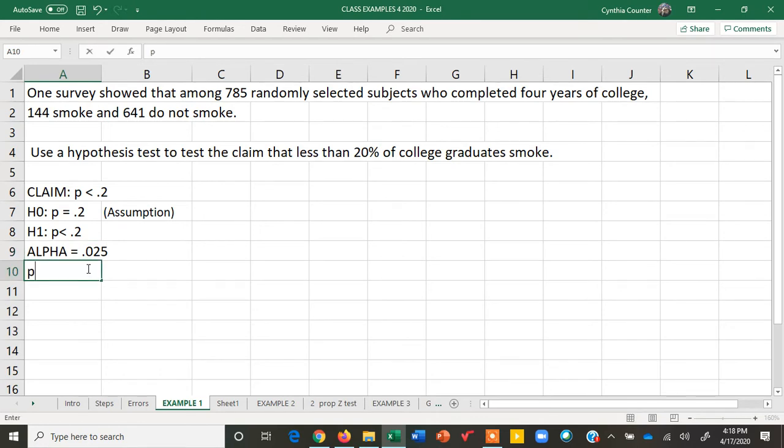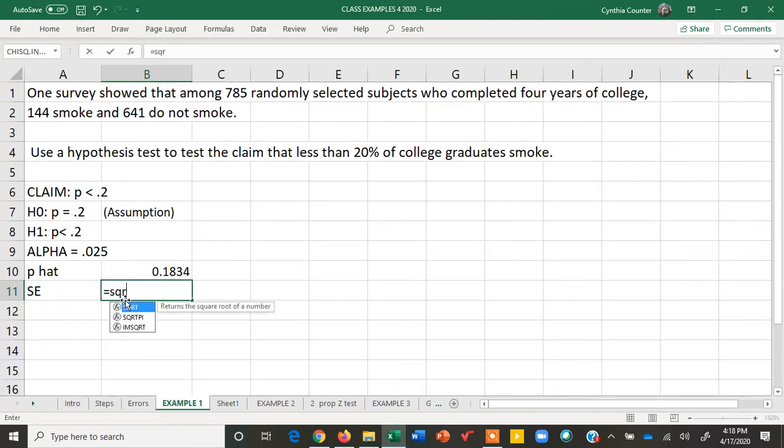And for a claim about a proportion with one data set, we need to find p hat. And so p hat here for the smokers is 144 divided by 785. So p hat is 0.1834. We can compute our standard error, assuming that the true population proportion is 0.2.